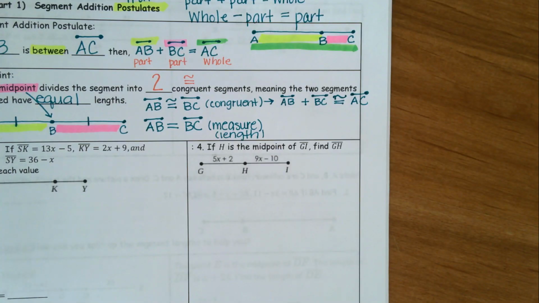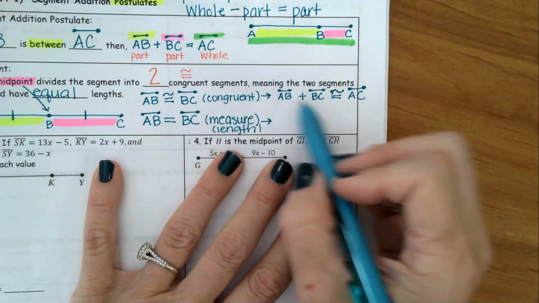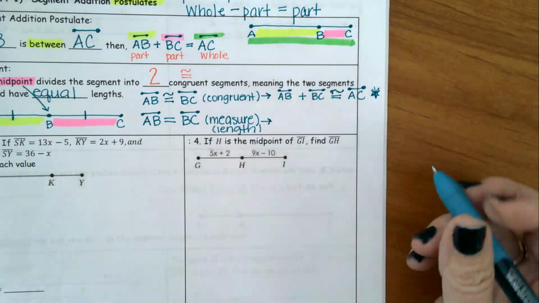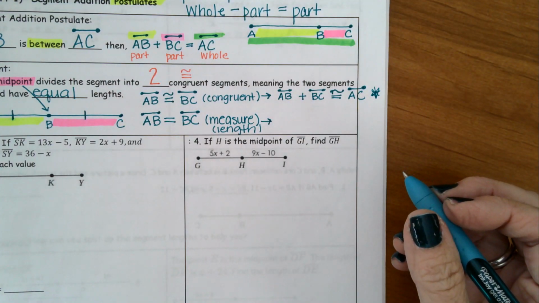Right now I'm just writing in geometry, correct? Have I done any math? Well, yeah, I'm doing math, but have I done any numbers? No, I'm just writing some geometry sentences. When we actually get to the number part, this is the geometry. That's the thinking behind it.